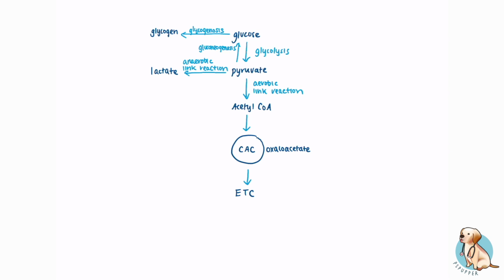So this glycogen can later be broken down back into glucose, which is known as glycogen mobilization. And this can happen when you're not ingesting enough glucose, maybe in starvation, for example, and so the body decides to break down the glycogen from its stores in the liver and the muscle.